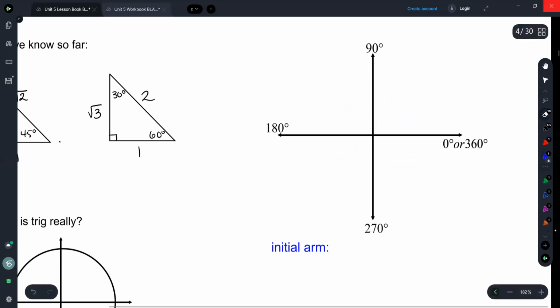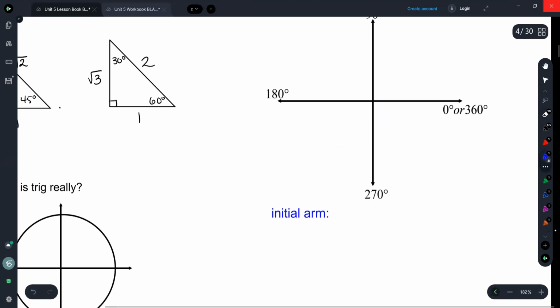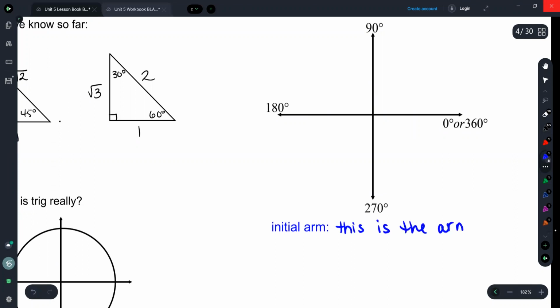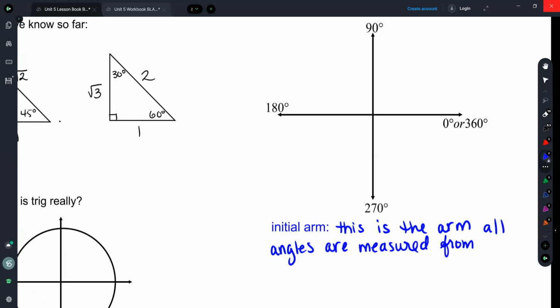Second part is a couple bits of terminology. Okay, so the initial arm, this is what we measure all angles from. And basically it's glued to 0 degrees.